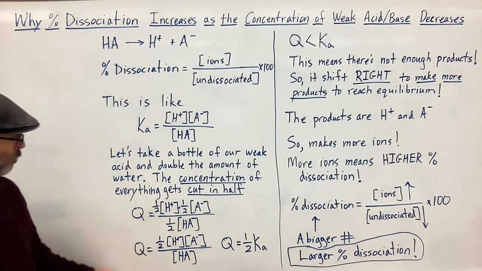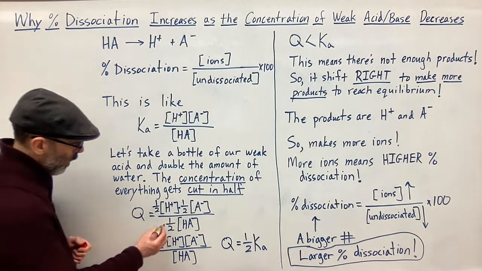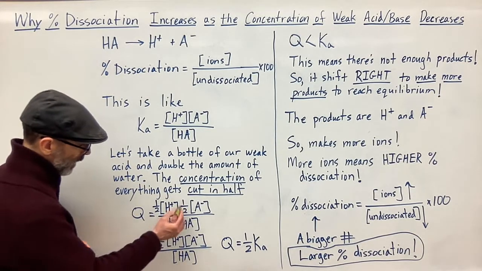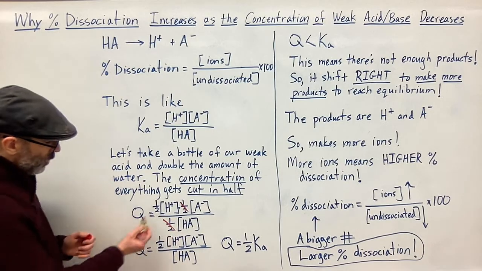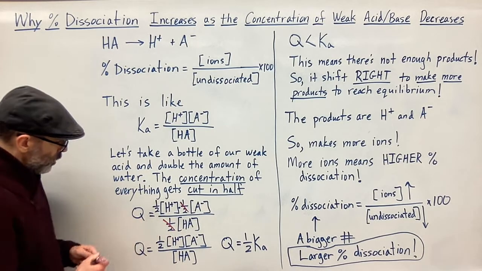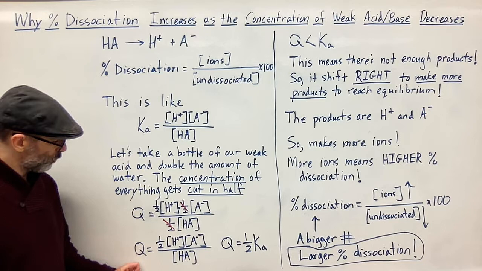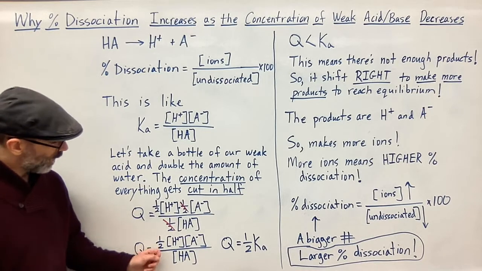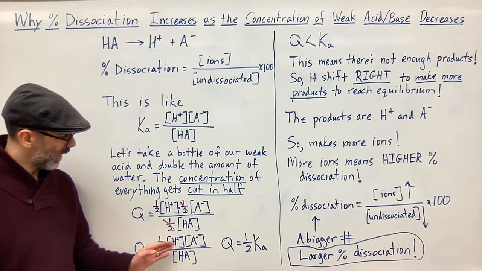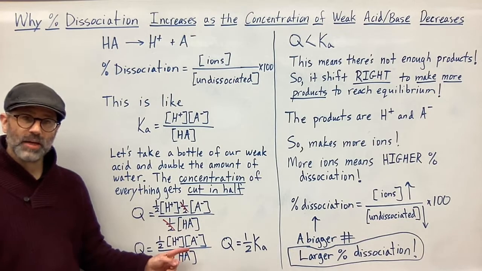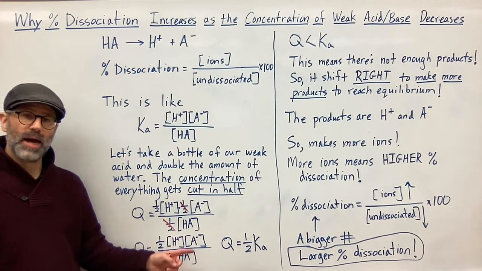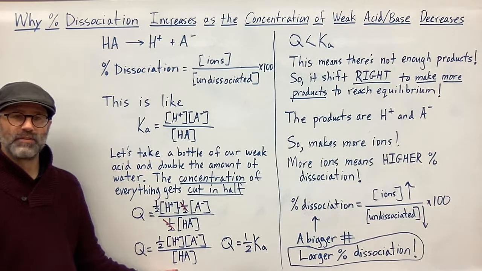So if you start canceling out your halves here, so that half would cancel out with that half, then you're left with 1/2. So Q then is equal to 1/2 times the concentration of H plus times the concentration of A minus over the concentration of HA.